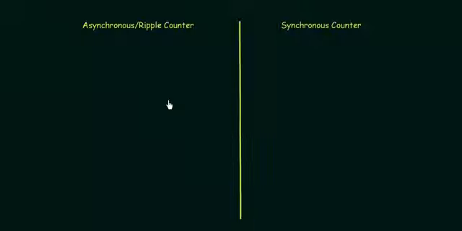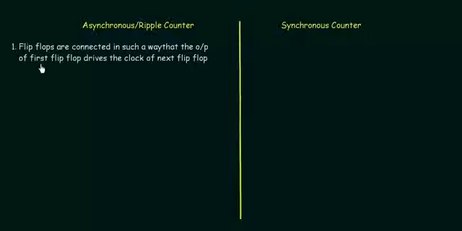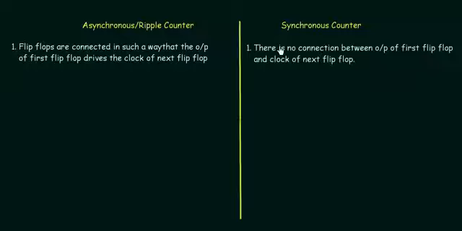The first point says flip-flops are connected in such a way that the output of the first flip-flop drives the clock of the next flip-flop. In the synchronous counter there is no connection between the output of the first flip-flop and the clock of the next flip-flop, because the clock is given simultaneously to all the flip-flops.